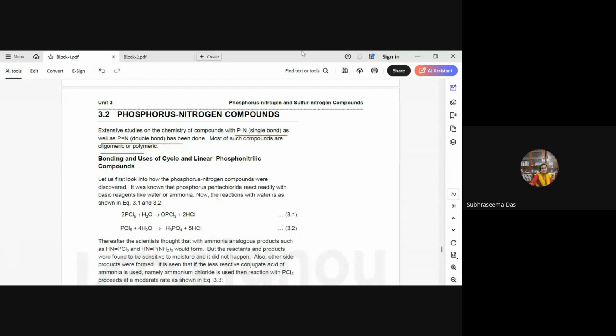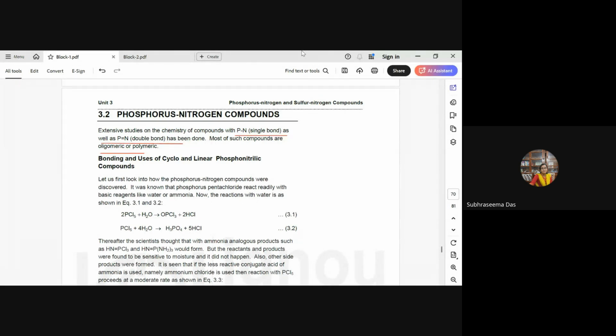If it has 3 monomers, it is a trimer. The term oligomeric is generally used when we have 2 to 9 monomers, and the term polymeric is used when the number of monomers exceeds 9. Polymers mostly include a large number of monomers, and such phosphorus nitrogen compounds are mostly polymeric in nature.